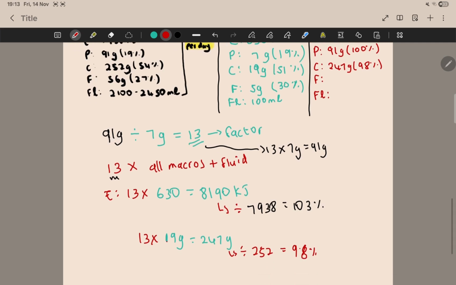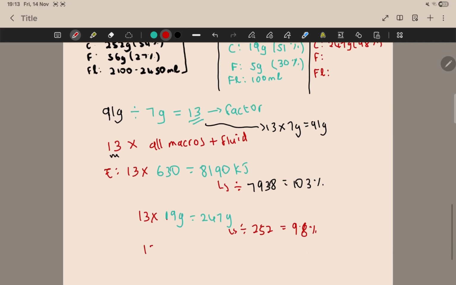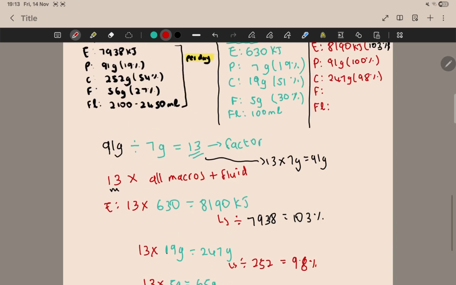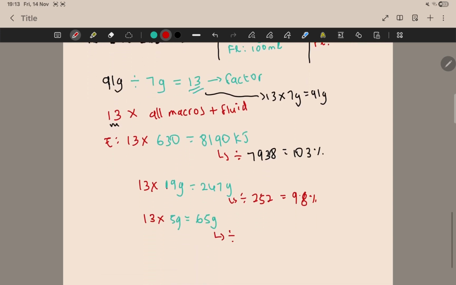Okay. And then for fat, you do the same. So 13 multiplied by 5 grams is 65 grams. And then divide by 56, which is 116%.